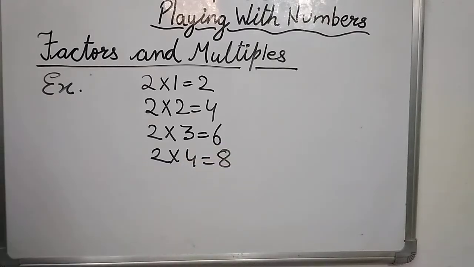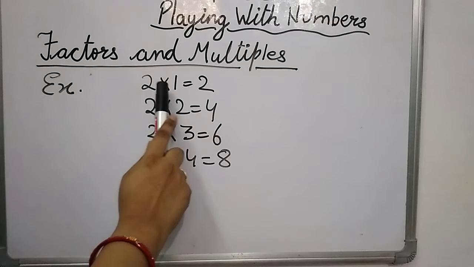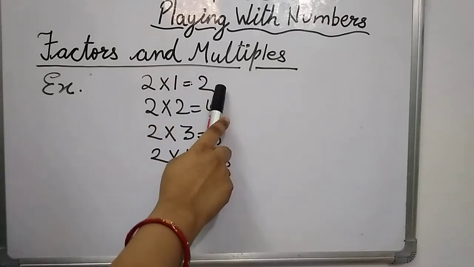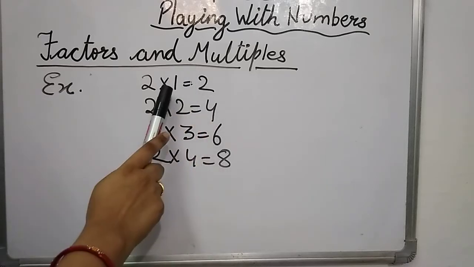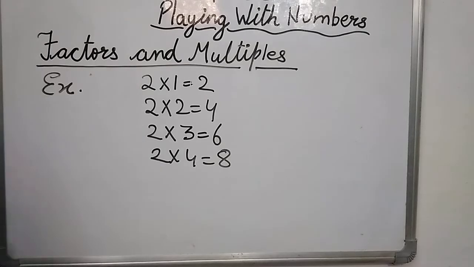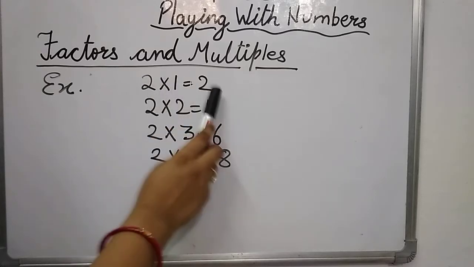Now, factors can be represented in the form of multiplication, but factors are those numbers which can exactly divide any given number. We are able to see that 2 multiplied by 1 gives us 2. So this 2 is the particular number which can be divided by 1 and 2, and remainder will be 0. So 2 and 1 are factors of number 2.